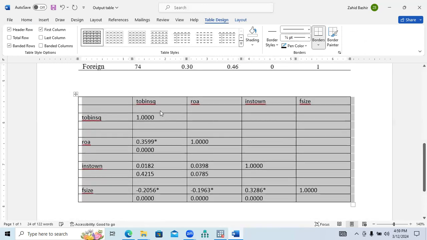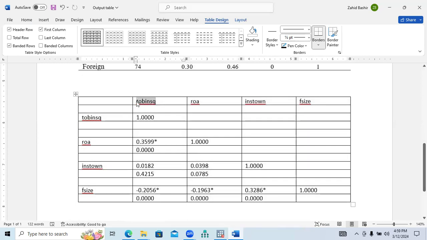You just need to make some editing here, like I can write the name Tobin's Q. I can put it here. I can write here ROA. I can put it here.